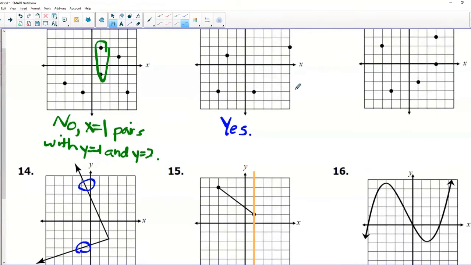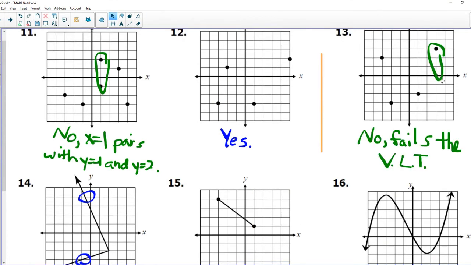Go ahead and pause the video and see if you can answer numbers 13 and 16 correctly. All right, numbers 13 and 16. 13 is a fail because it touches these 2 points in a vertical line.